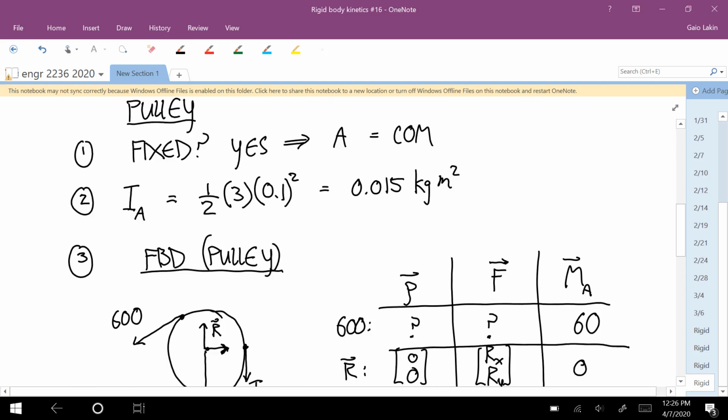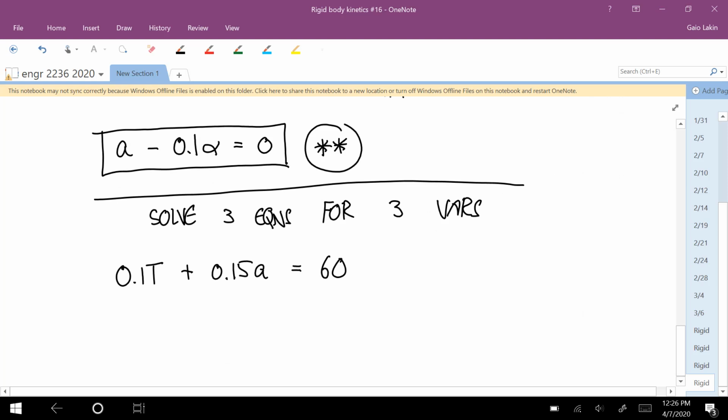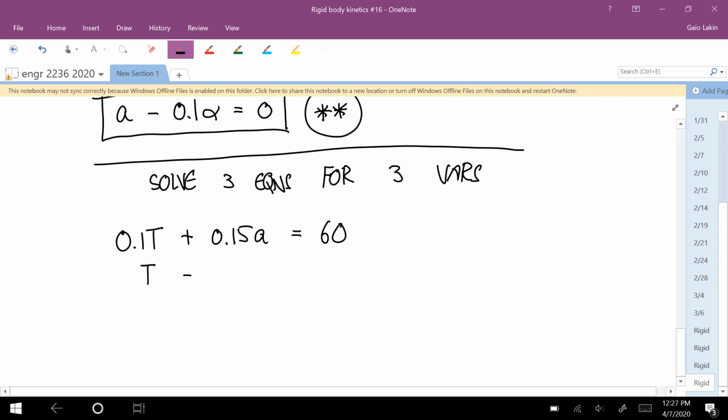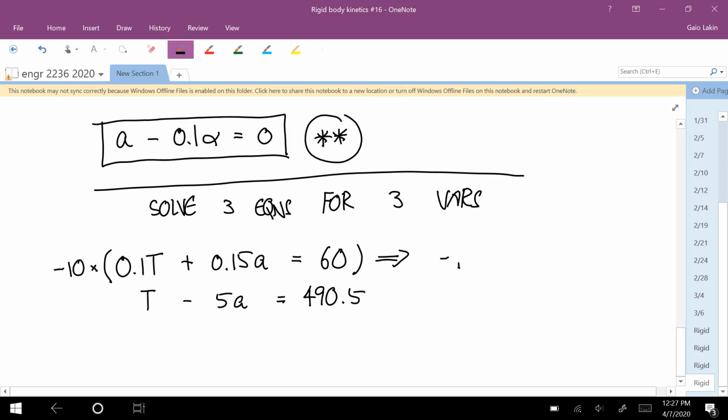So T minus 5a is equal to 490.5. I guess I'll multiply this one by negative 10. That gives you negative T minus 1.5a is equal to negative 600.